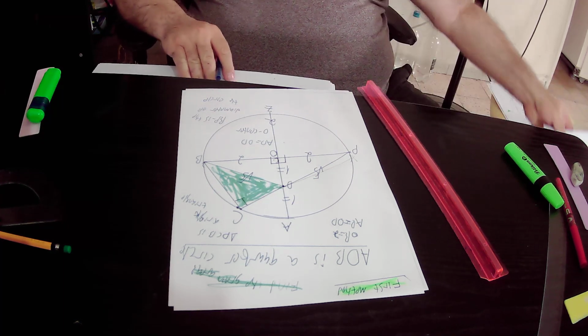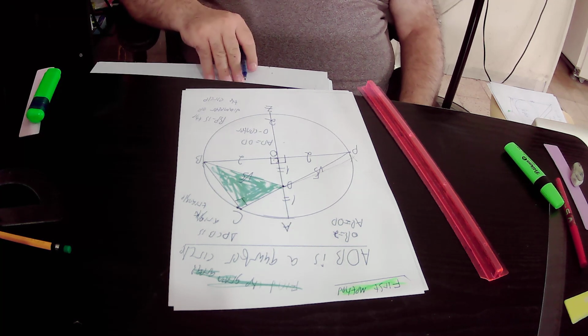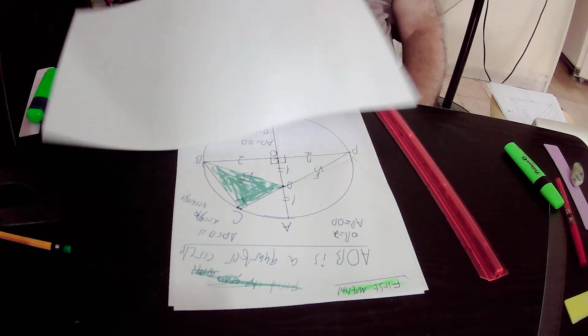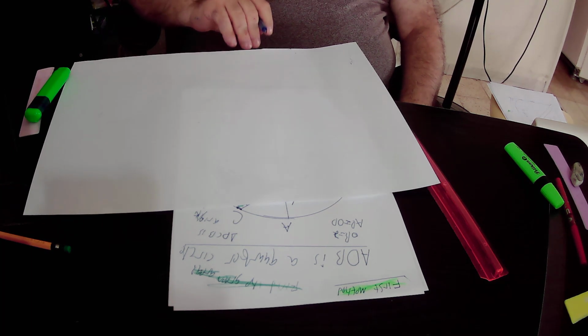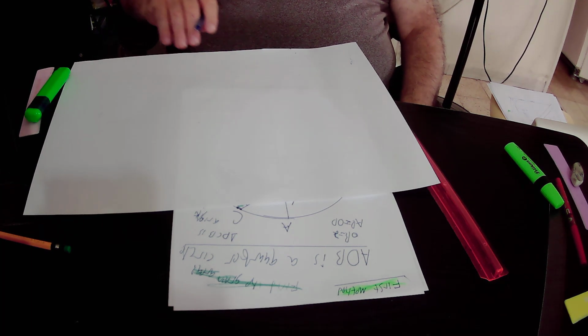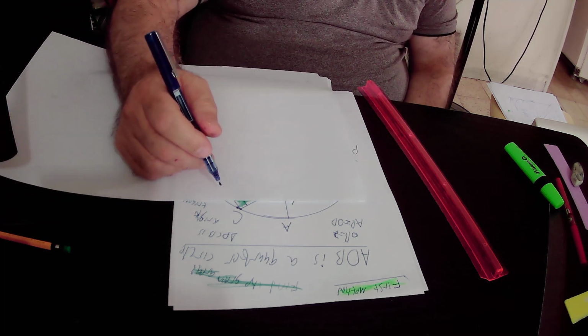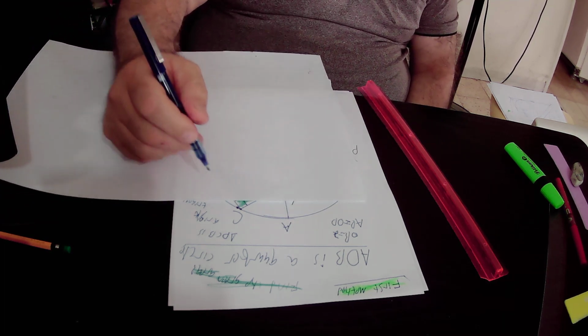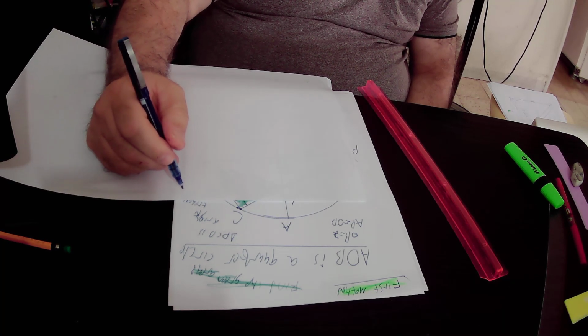In the next step, we will implement rule number 1 in our drawing. Rule number 1 deals with 2 chords that intersect with each other inside the circle. I've already mentioned it a couple of times in the previous lectures.